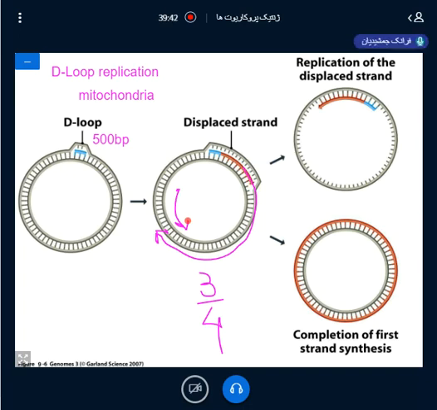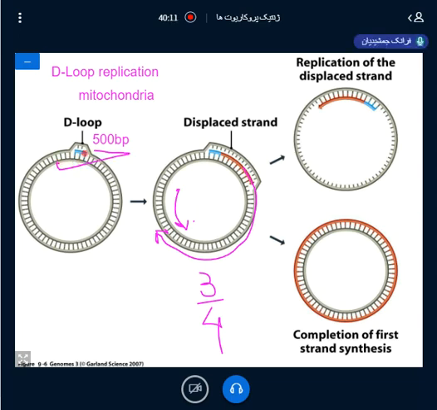So I repeat it one more time. Listen. D-loop replication is a type of replication which occurs in mitochondria. At first, in the place of D-loop, we have some place which is 500 base pair, two DNA strands separate.